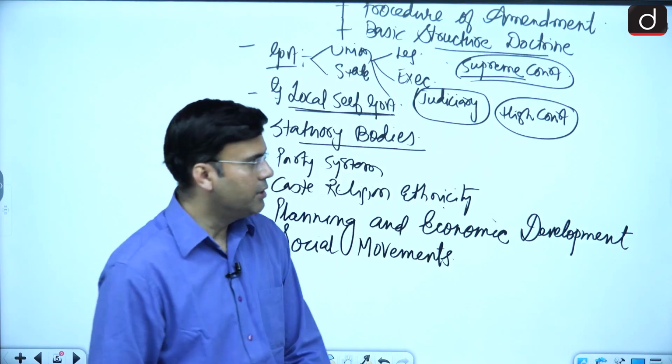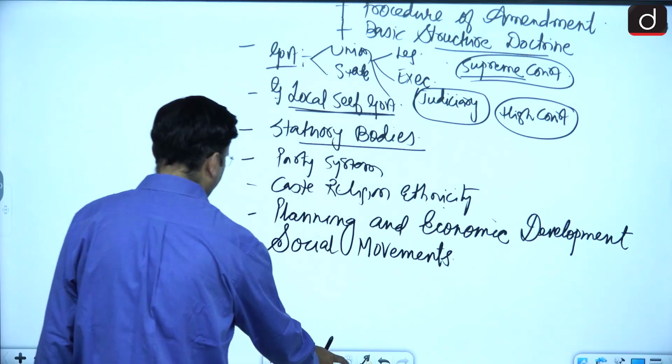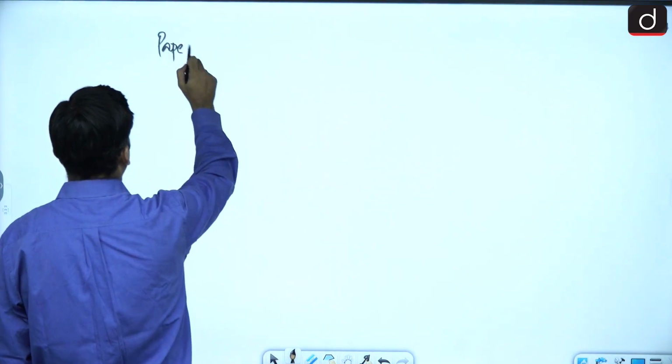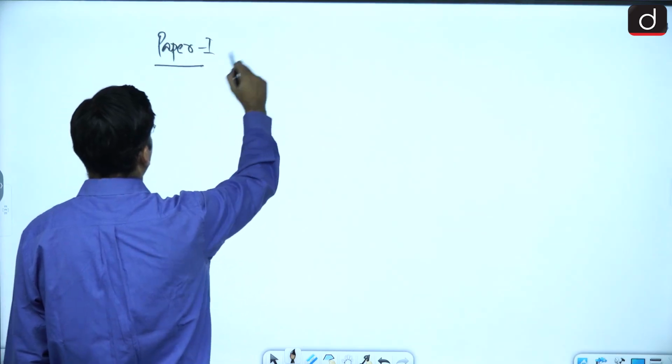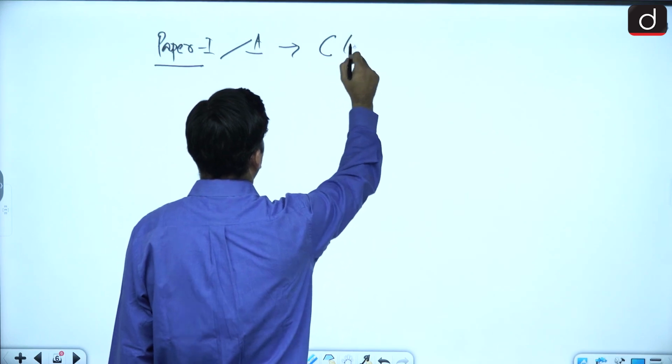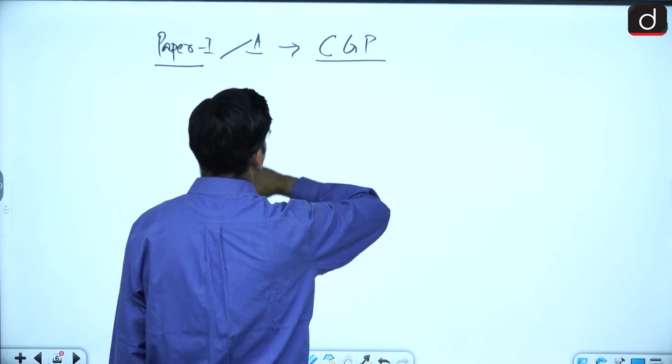The second paper, largely, if I say paper 2, I have to look at. So paper 2 would also be having two parts. So paper 2, part A, it starts with comparative government and politics.